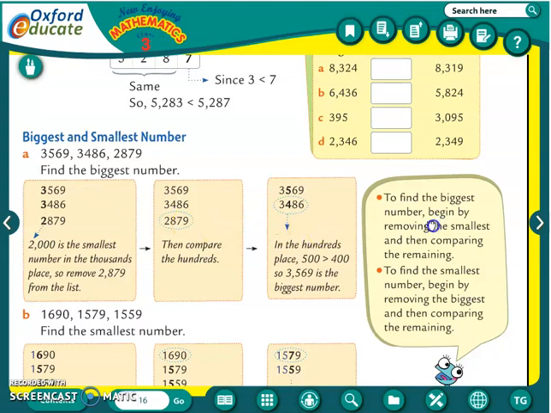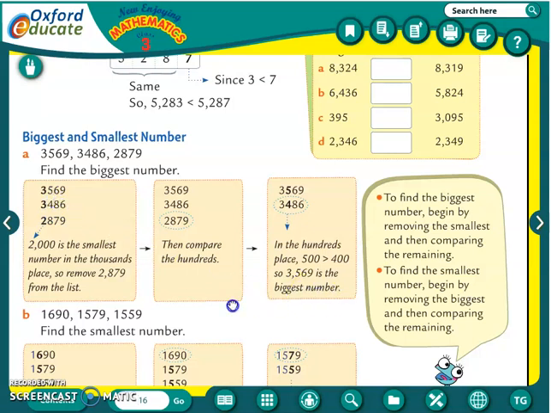So to find the biggest number, begin by removing the smallest and then comparing the remaining. जैसे कि मैंने बोला कि यहाँ पर हमने देखा कि thousands place पे 3, 3 and 2 है, तो biggest number चाहिए. तो ये जो 2 smaller number है, उसको हमें हटा देना है, स्ट्राइक आउट करना है. तो हमें सिर्फ कंपैरिजन ये दो नंबर में ही रहेगी.